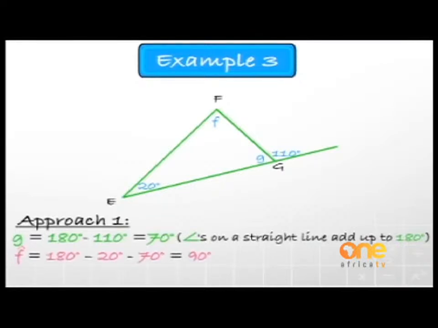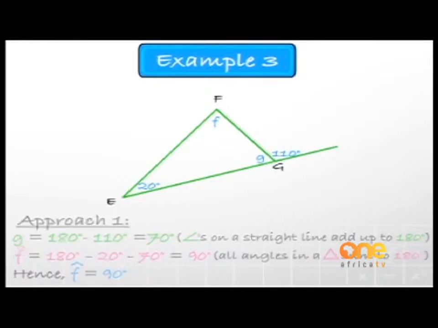Therefore, angle F is equal to 180 degrees minus 20 degrees minus 70 degrees, which is equal to 90 degrees. And this is because the sum of the angles in a triangle is 180 degrees. Hence, angle F quite simply is equal to 90 degrees.